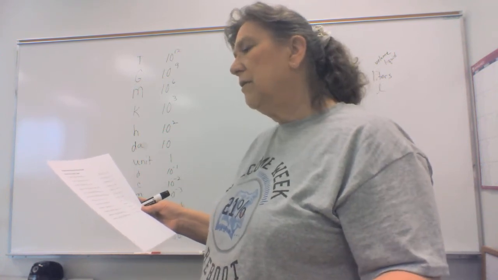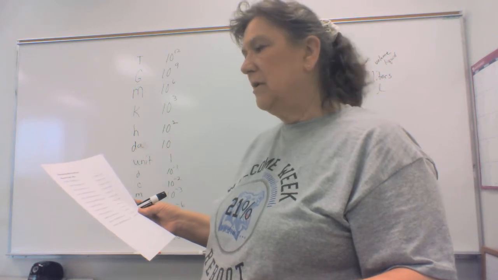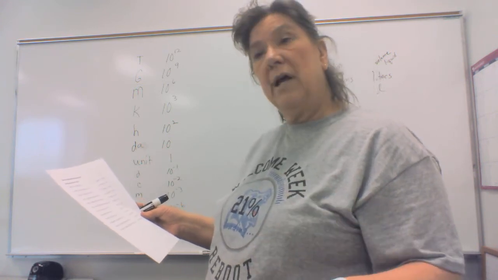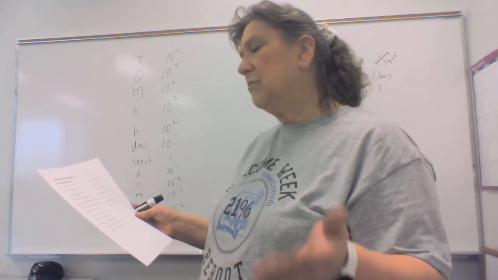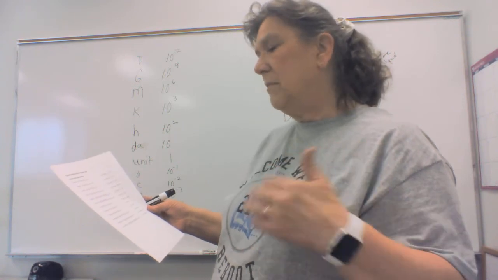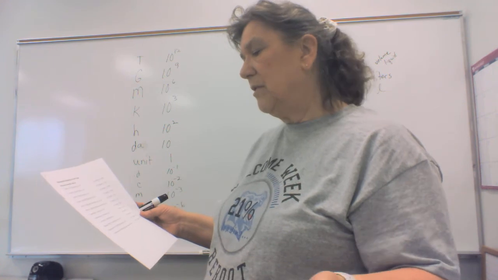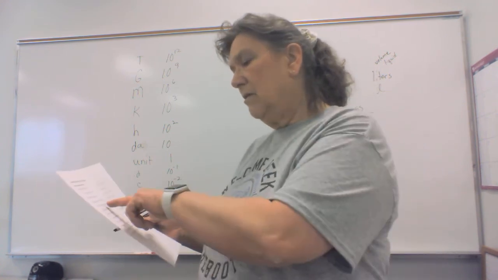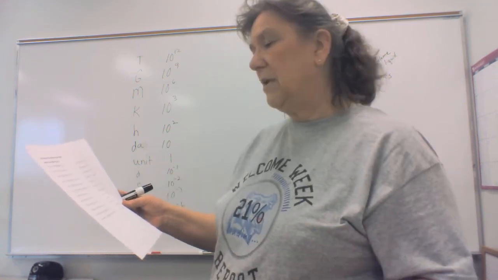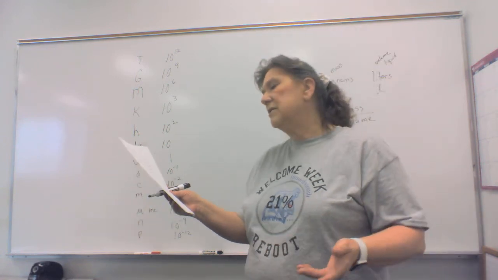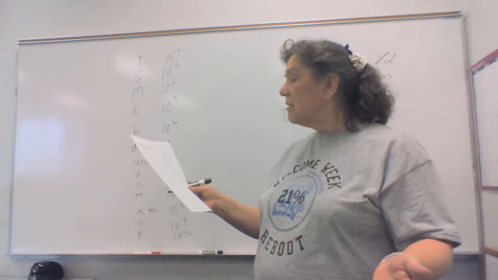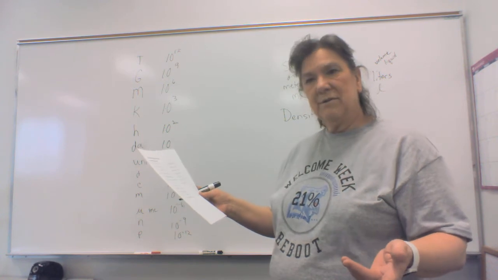So 1 meter is equal to 10 decimeters. 1 meter is equal to 100 centimeters. 1 meter is equal to 1,000 millimeters. 1 meter is equal to 1 million micrometers. 1 meter is 1 billion nanometers, and 1 meter is 1 trillion picometers.